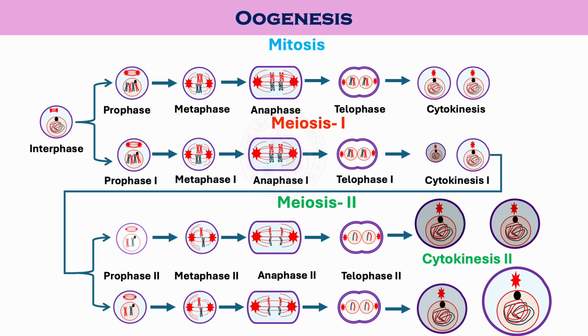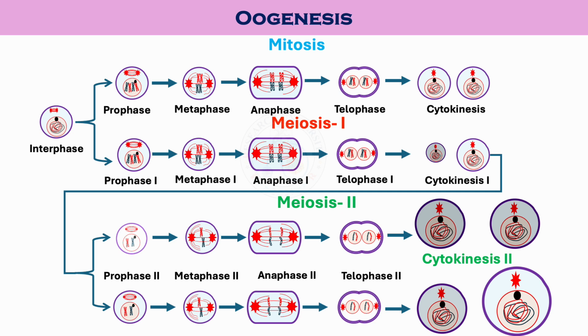In human oogenesis, cytokinesis results in the formation of four daughter cells, each containing haploid chromosomes, meaning 23 chromosomes. Among these, only one becomes the mature egg, while the other smaller cells are called polar bodies. These polar bodies usually degenerate and are not involved in fertilization.